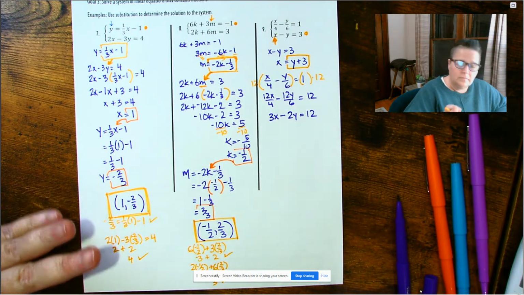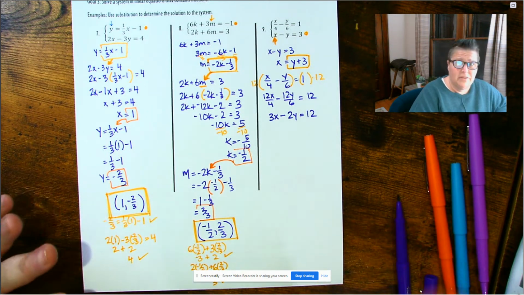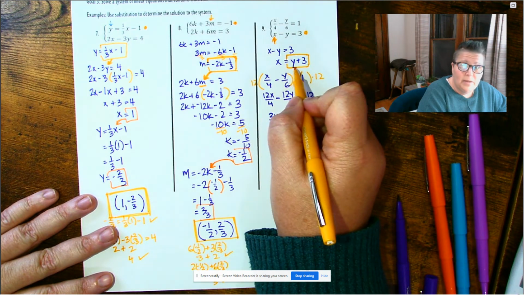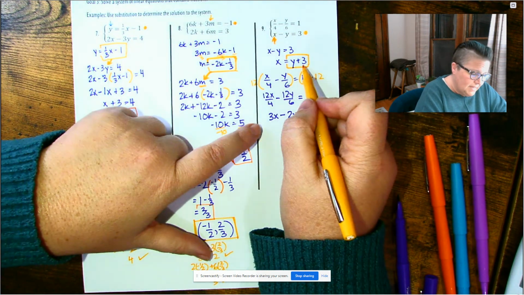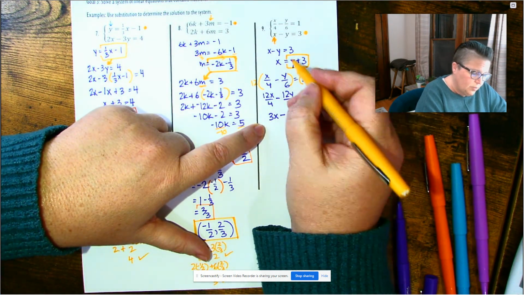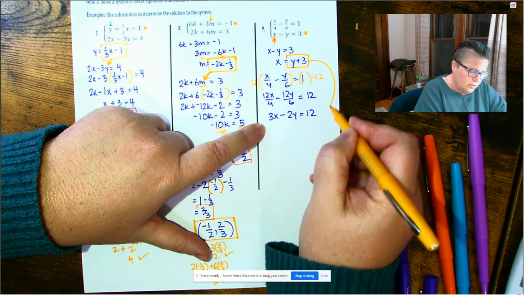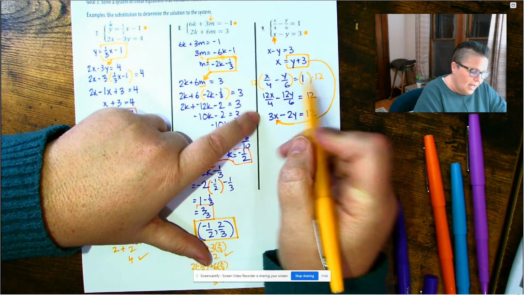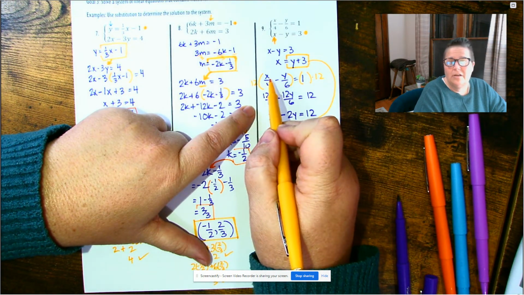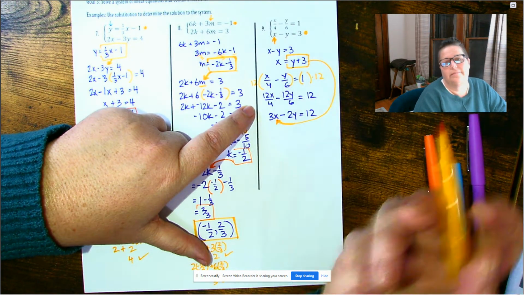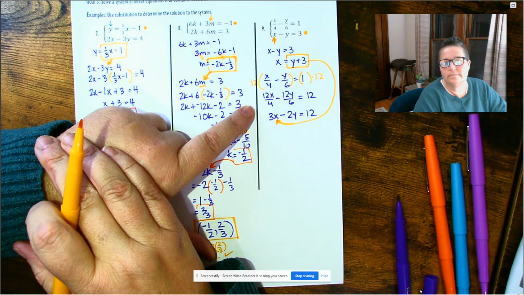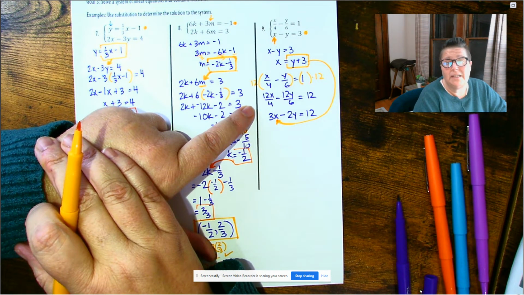Okay, so back on track. Now that I've eliminated the denominators, I figured out that x is the same as y plus 3. So I'm going to take this y plus 3, and I'm going to put it into this equation where that x is. I could have done it here, but it really doesn't matter where I do it. So I do have to put it in.